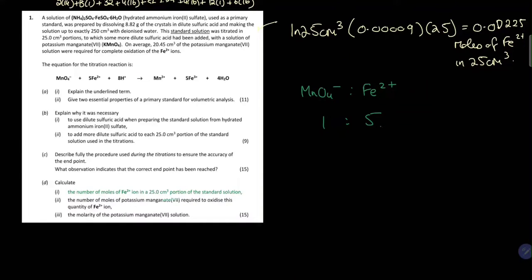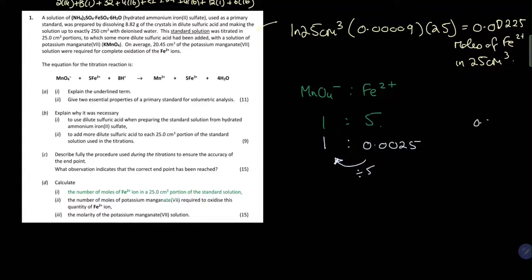So that means if I have 1 mole of the manganate solution, 5 moles of the iron solution are going to react with that. Now I don't have 5 moles in my number of moles of the titration. I have 0.0025 moles. So how do I get back to the 1? I need to divide that number by 5.